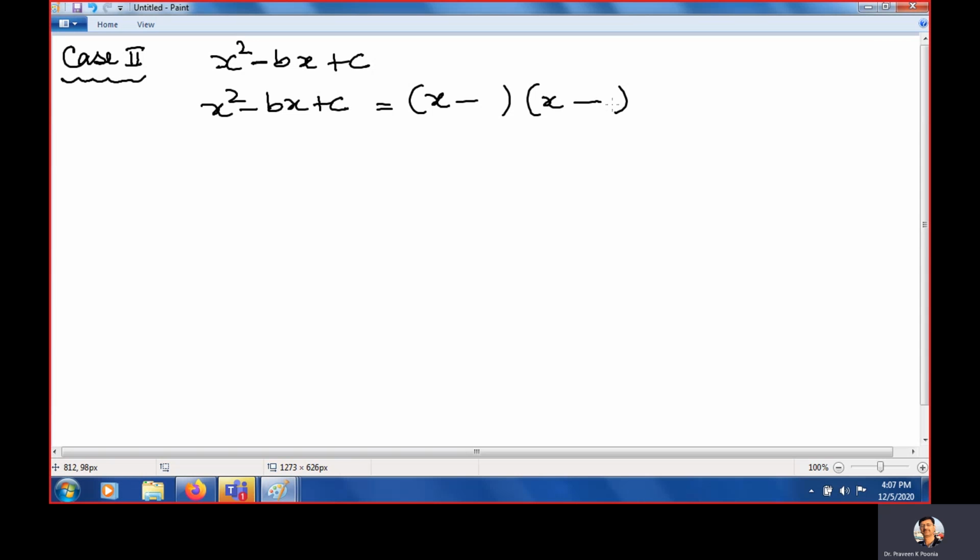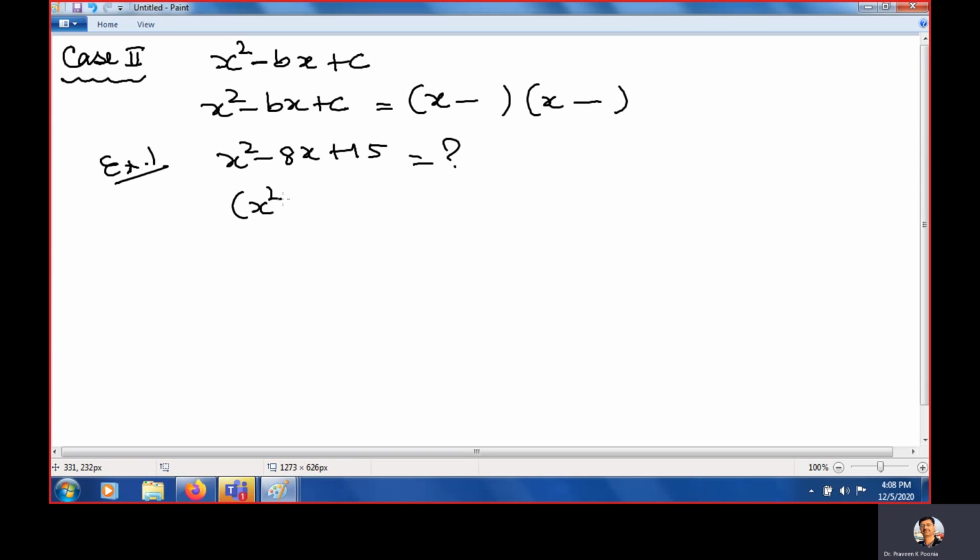In the previous case both were plus. Now in this case both will be minus. The process will be the same. There is no change. Like example number 1, if we study, it is x square minus 8x plus 15. Clear? So this factor we need to find.